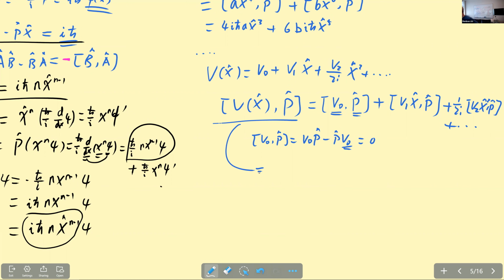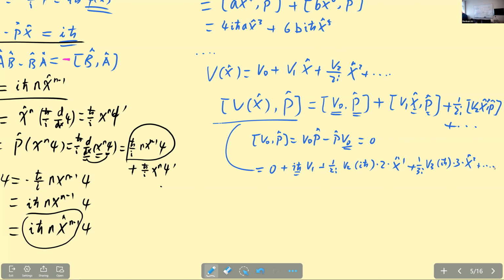You find that this one just equals 0 plus i h bar V1, because the commutator of x and the p operator is just i h bar. And then the second term will be 1/2 factorial, and that's V2, a constant, times i h bar, times 2, and times x to the n minus 1, that's 2 minus 1 is 1. And the third term will be 1/3 factorial V3 and i h bar and times 3 times x squared, so on and so forth.